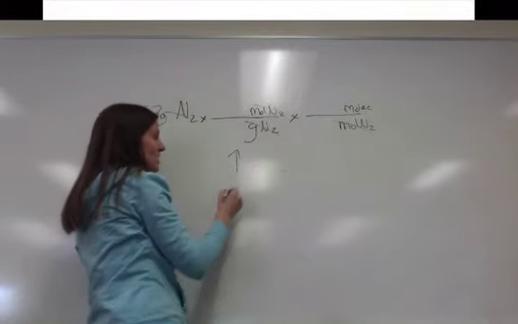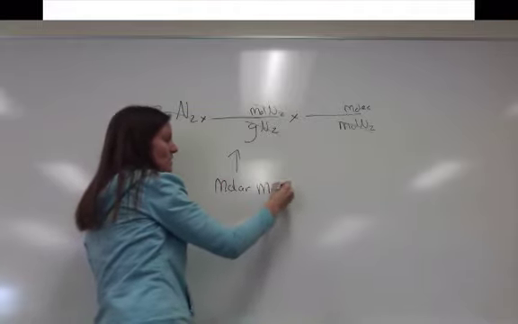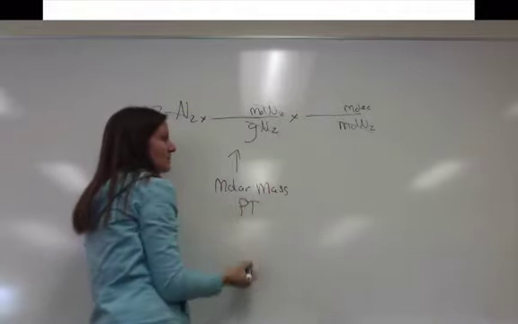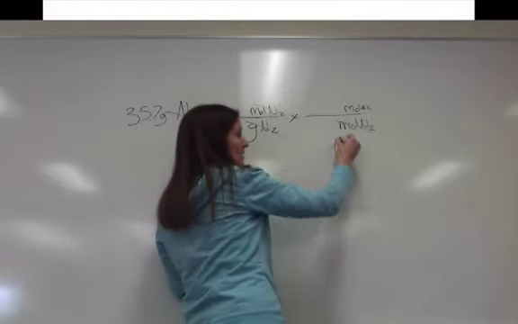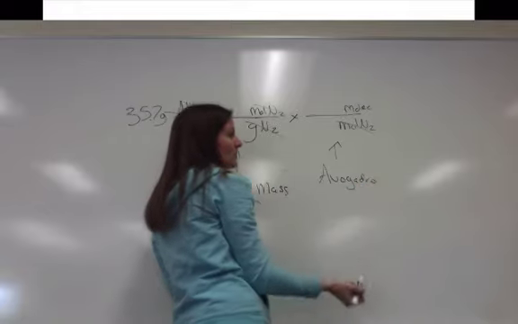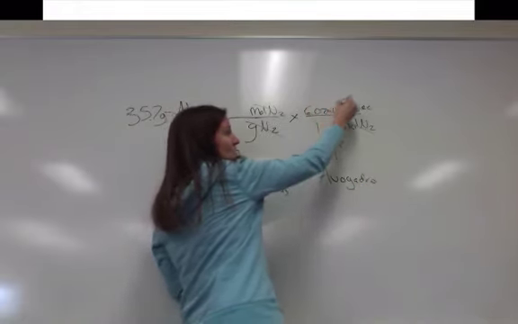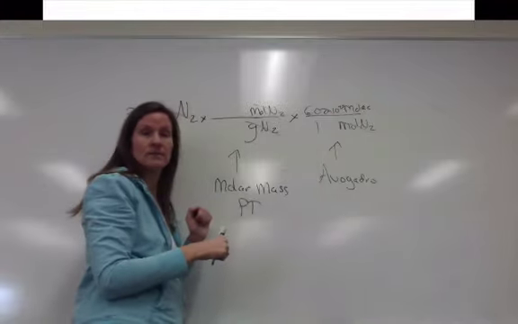Now it's just a question of filling in the right numbers. Gram to mole relationship is the molar mass relationship. To get those numbers, you need to use your periodic table. Mole to molecule relationship right here is your Avogadro's number relationship. For every 1 mole, I have 6.02 times 10 to the 23rd molecules.